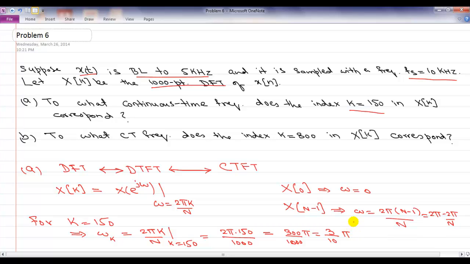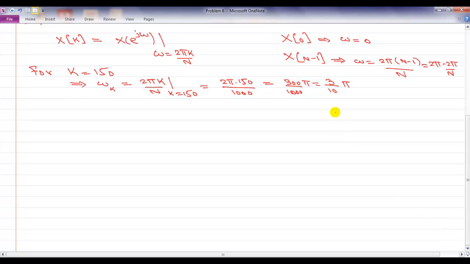Okay, is 3 by 10 pi outside the minus pi to pi range? Since 3 by 10 pi is not outside our permissible range, we are fine. We say that k equal to 150 corresponds to little omega equal to 3 pi by 10 radians, discrete time frequency.